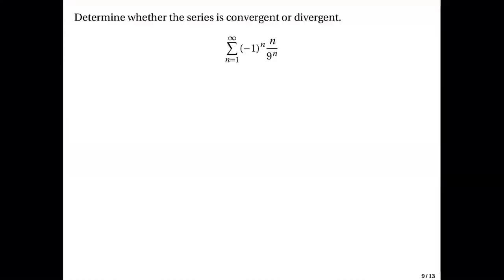So, first example, we have here series negative 1 raised to n of n over 9 to the n.